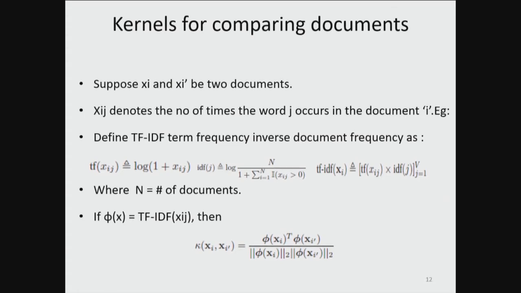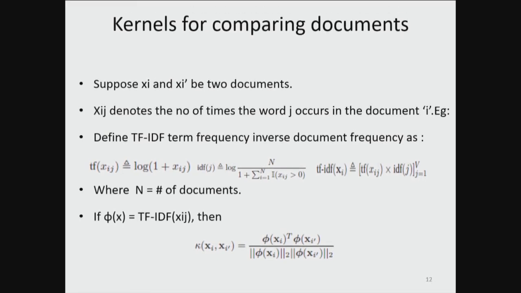We move on to the next one, kernels for comparing documents. Suppose we have two documents, which we denote by xi and xi dash. We can introduce the concept of distance using what is called the bag of words. What is the bag of words?